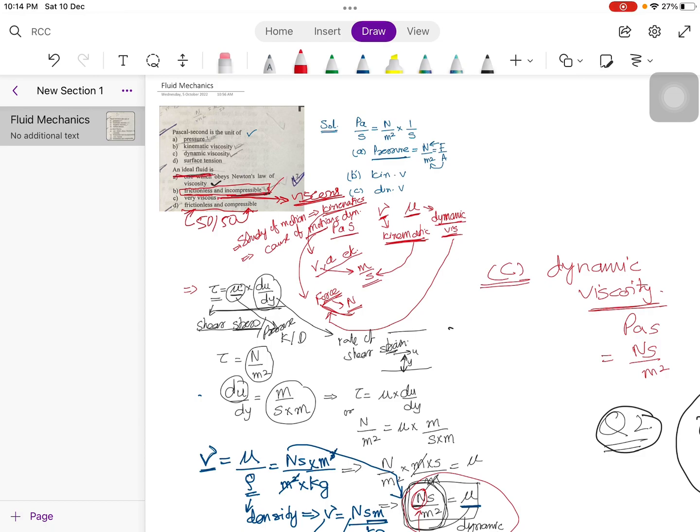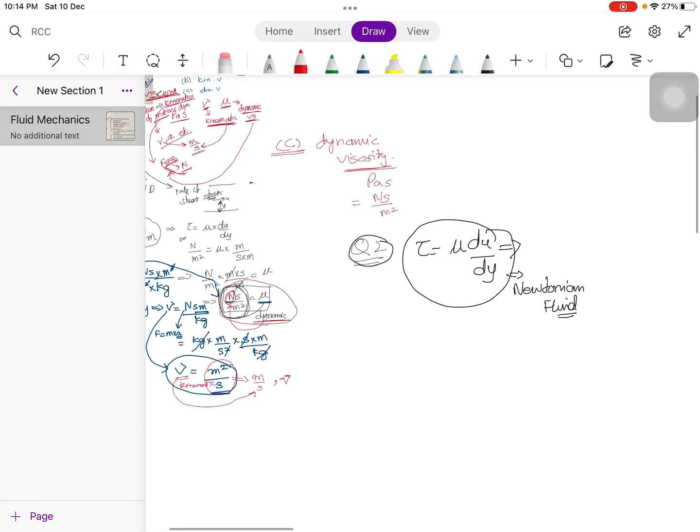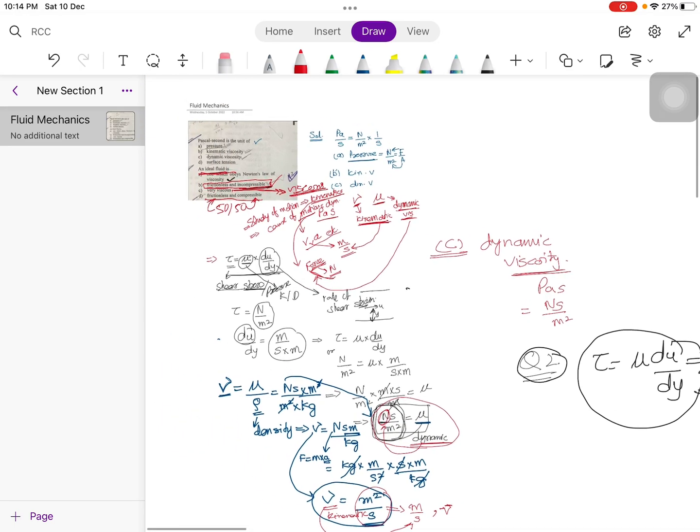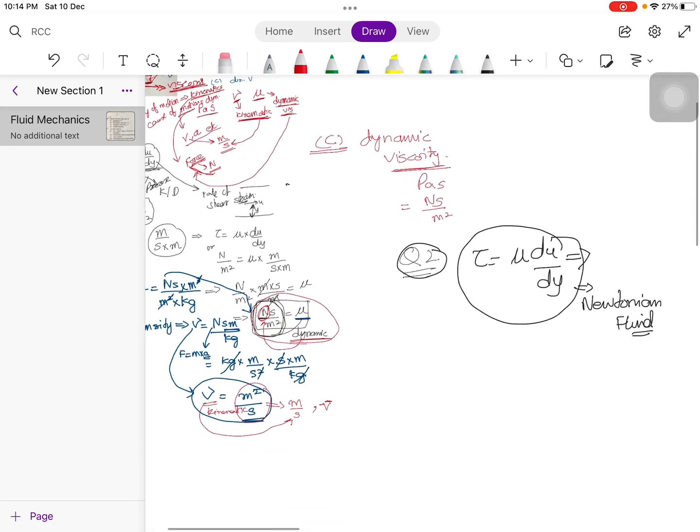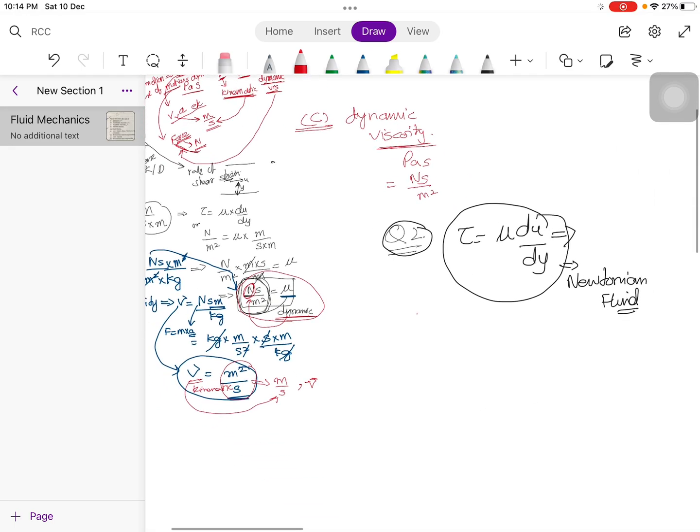So this is the definition of an ideal fluid, which we should remember for our lives, that an ideal fluid is one which is frictionless and incompressible. So the answer for this question would be B, frictionless and incompressible.